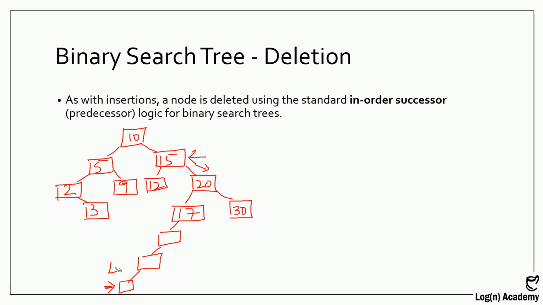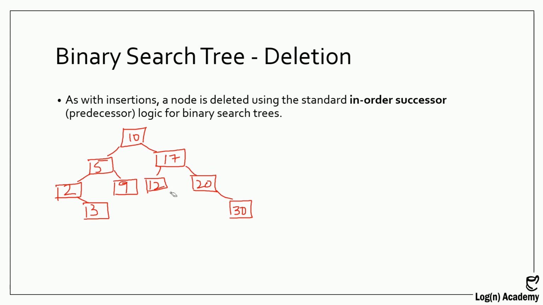So the actual process is I will replace 15 with whatever is in the last node. This is the in order successor logic. In this case, we have 17, so we will simply replace this with 17, and we will remove 17 from here.